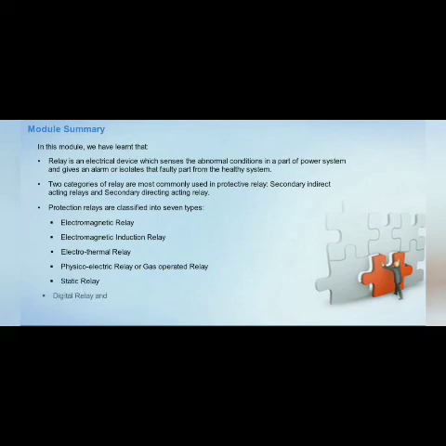Protection relays are classified into 7 types: electromagnetic relay, electromagnetic induction relay, electro-thermal relay, piezoelectric relay or gas-operated relay, static relay, digital relay, and numerical relay. An electromagnetic relay can be plunger, hinged armature, balanced beam, and moving iron polarized relay.